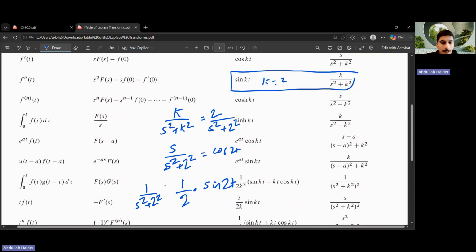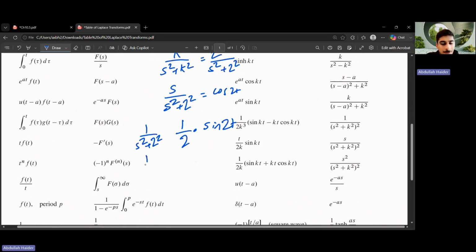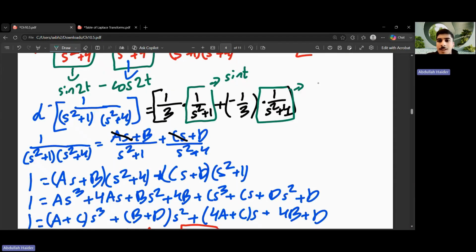Why? Because you have k equal to 2 here, while k is equal to 1 in the other, so you need to write something like 1 over 2 multiplied by 2 over s squared plus 2 squared to match the case. So this will be 1 over 2 sine 2t. And the Laplace inverse of this partial fraction is going to be 1 over 3 sine t.